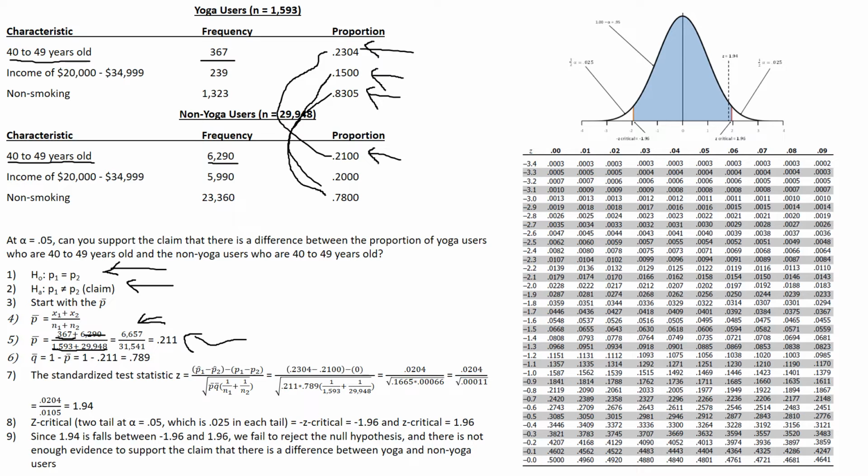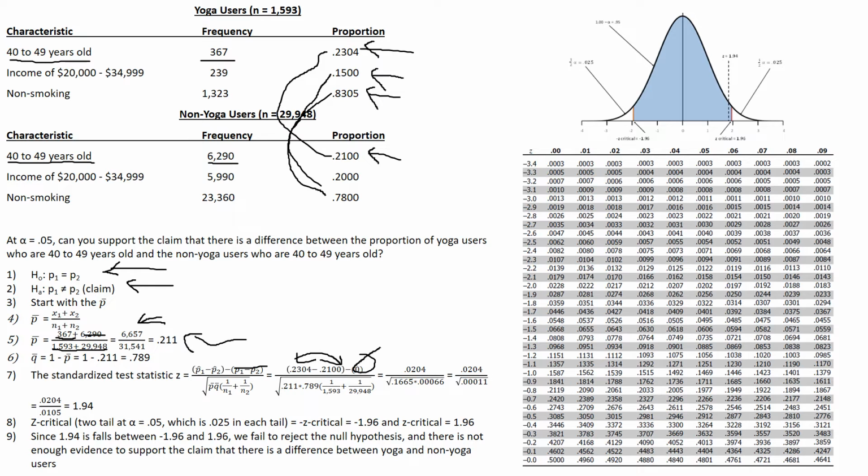Now it's a plug and chug. And remember, this is 0. We're going to subtract our sample P of the first one, 0.2304, minus 0.210 of the second one. And remember the P1 minus P2 ends up being 0. When I subtract those, I get 0.0204. And that's all the way across here.